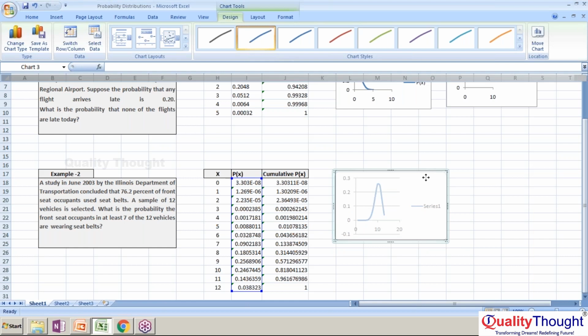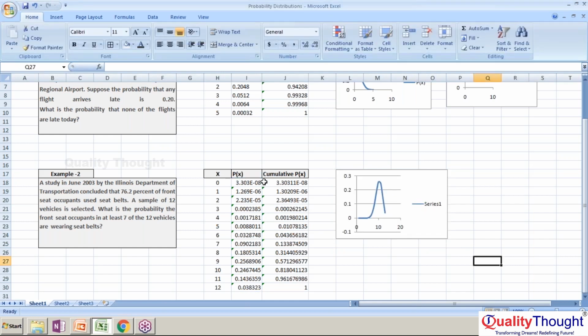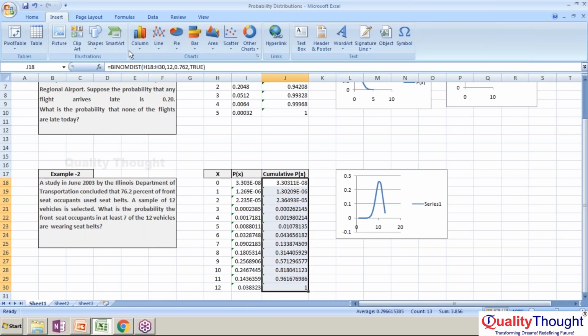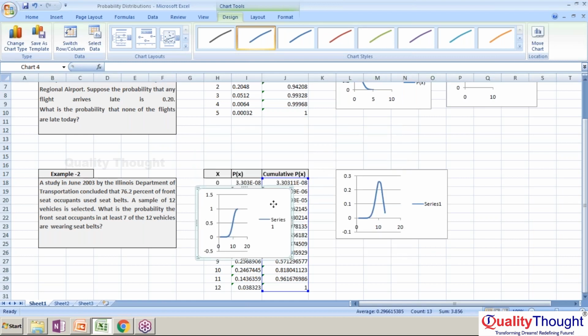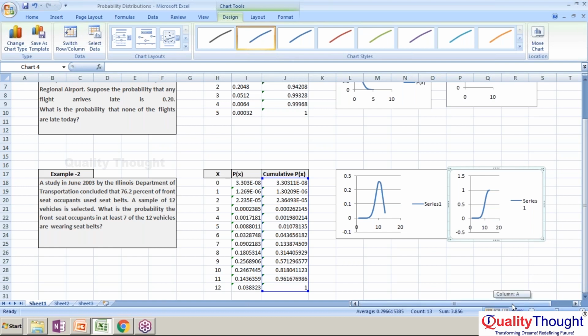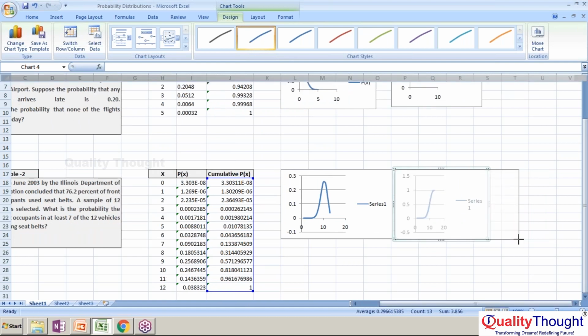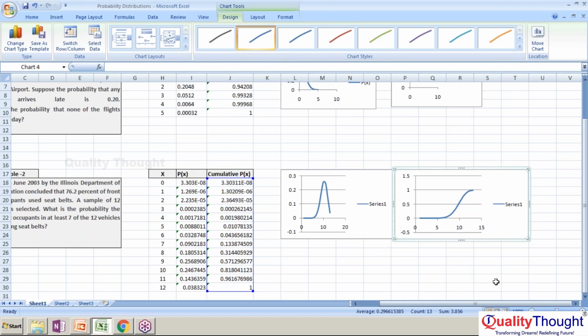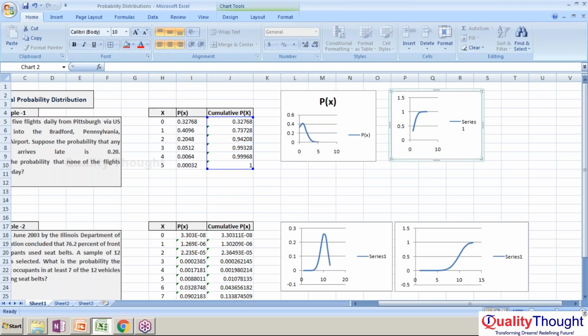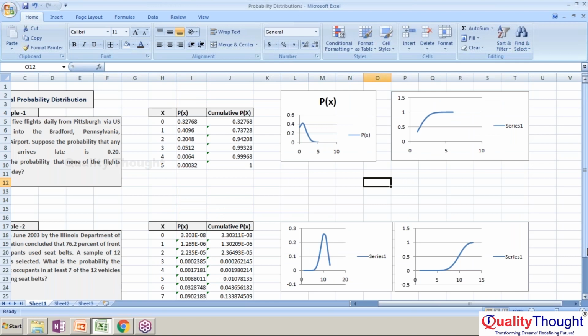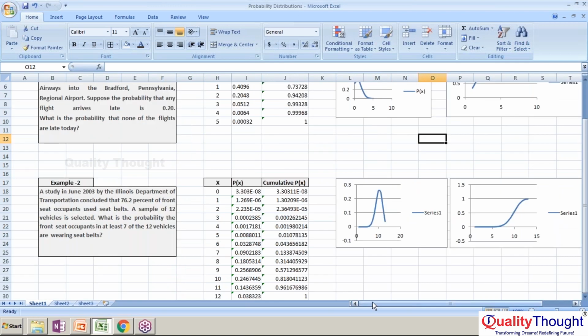Look. Okay, guys, this is how the graphical representation of the binomial distribution looks like, and these are the two different examples that we have explored now.